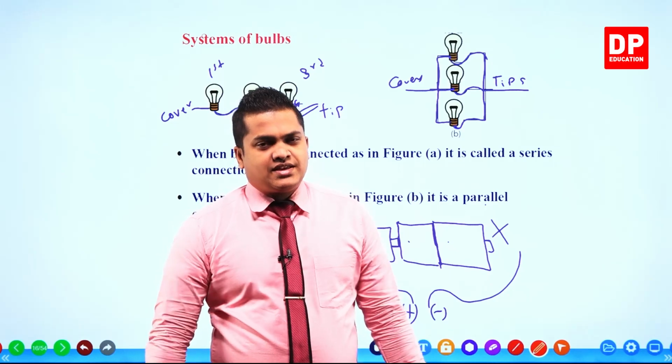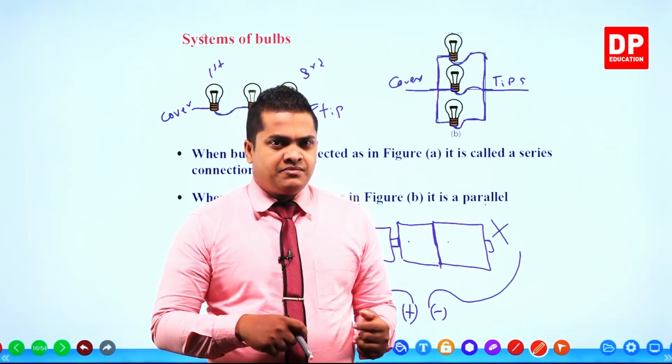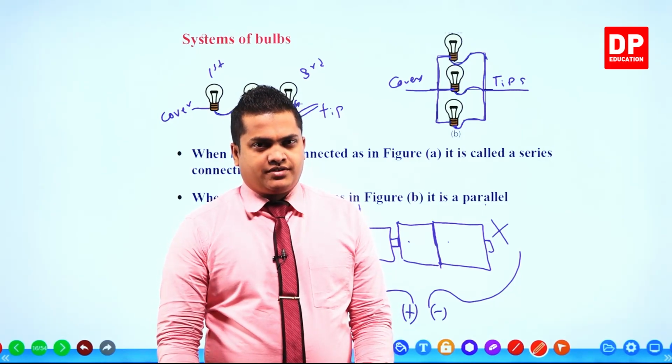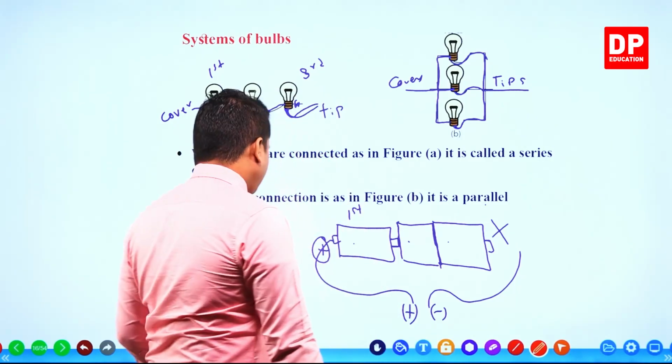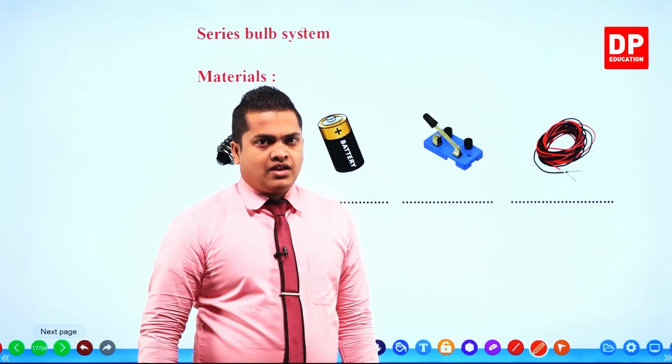So this is how to get some idea about the series connection of bulbs and the parallel connection of bulbs, my dear children. Right, then you are given series bulb systems. Here we are discussing the series connection of bulbs.